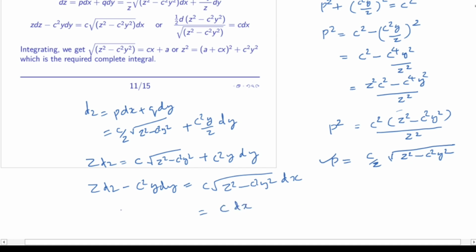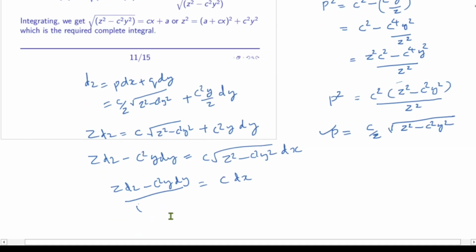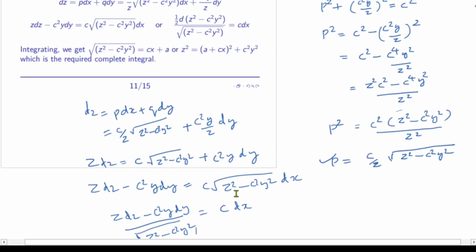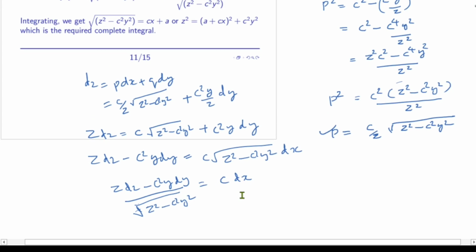You can keep this side, and the other side z dz minus c square y dy divided by the square root of z square minus c square y square. So this becomes a formula where you can directly find the value, where this can be integral of some value.